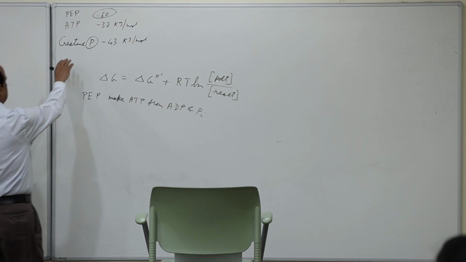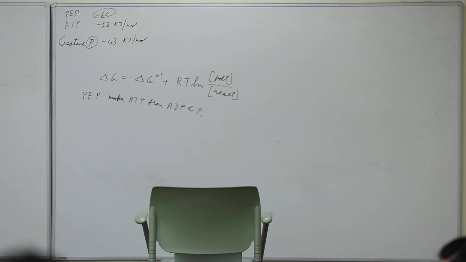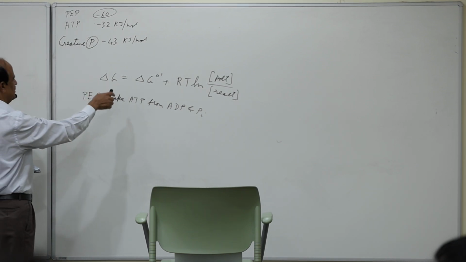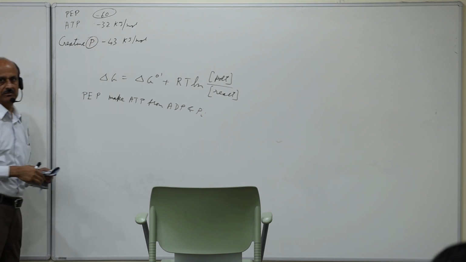So same way the creatine phosphate, if you don't know what it is stored in the muscles for, is an emergency source of ATP. So when you are doing exercise and all your ATP is used up, then you can get ATP from creatine phosphate that is stored in the muscles, and that will transfer its phosphate to ADP to make ATP, because this is minus 43, this is minus 32.